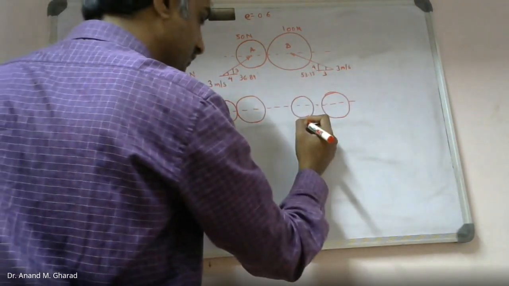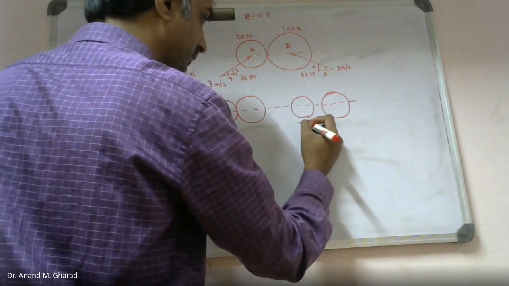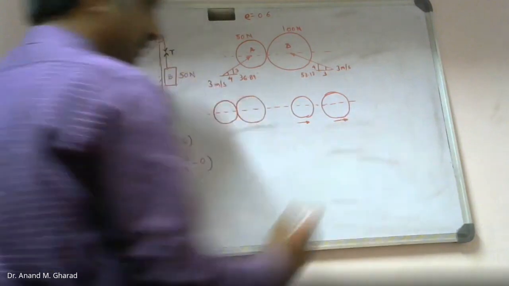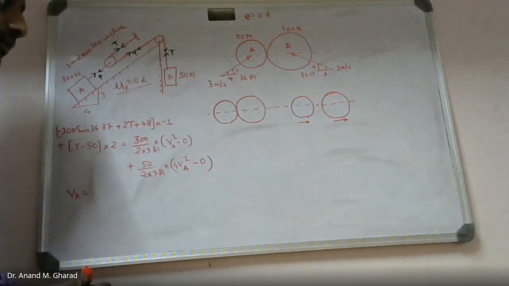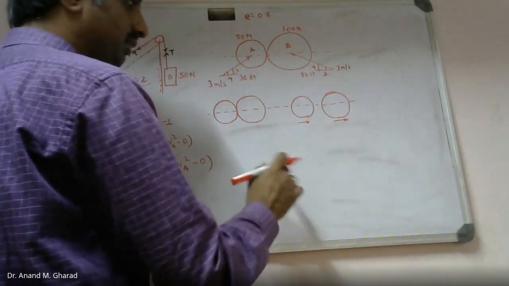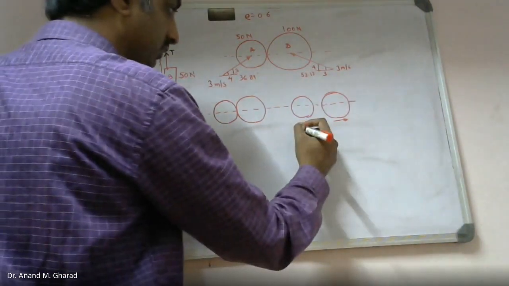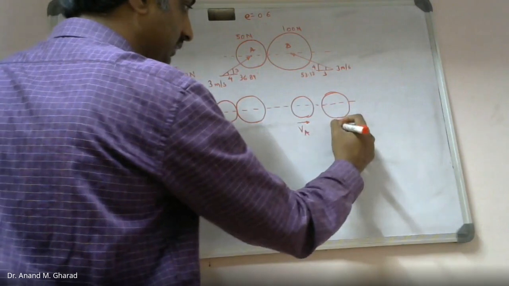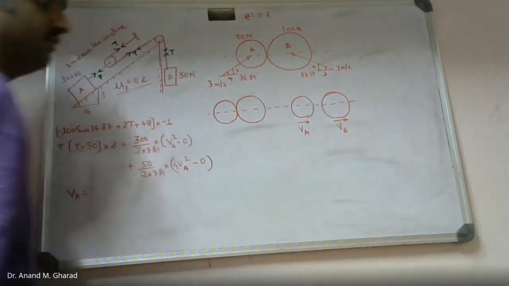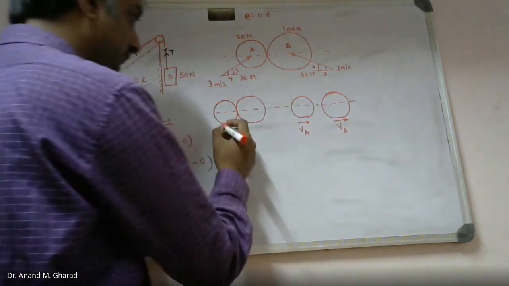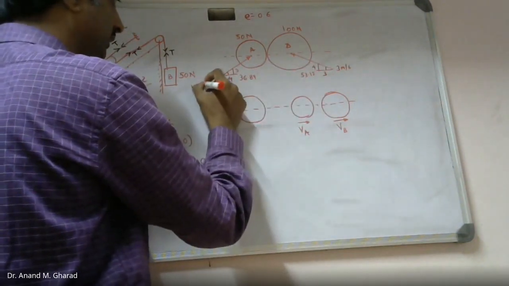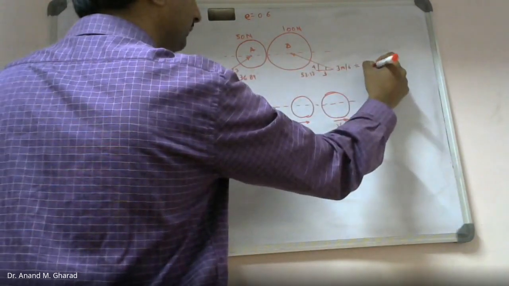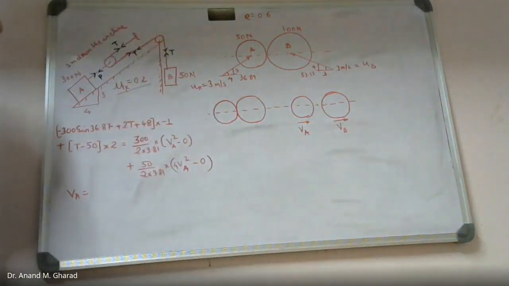But the direction of velocities, let us assume it to be in the same direction. I don't know what the final velocity or the final velocity direction is. Okay, so let me consider VA and VB to be the final velocities, and these are UA and UB. Okay, UA, this is UB, initial velocities.